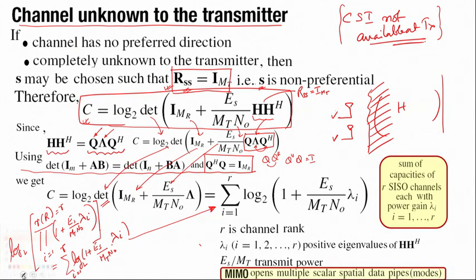So, where R is the rank of the matrix and lambda i go up to R, and Es by MT is the transmit power, right.